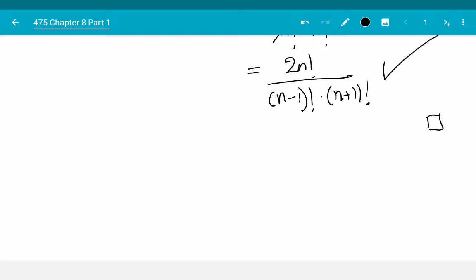So now we have seen that you can interpret Cn as the number of ways of dividing an n gon. But let us look at another interpretation of Cn.